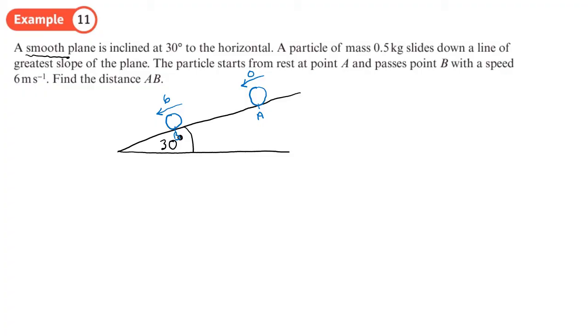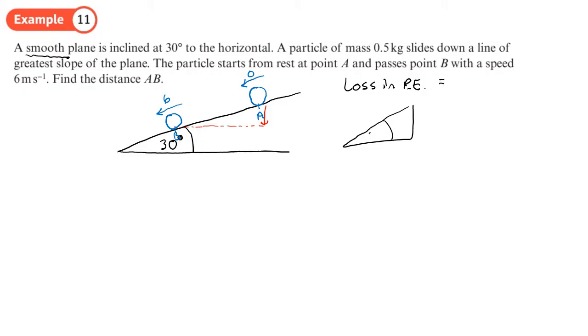Right, now let's start by working out the loss in potential energy. The loss in potential energy is how far it's dropped from where it started to where it finishes. So that's going to be that red arrow there, and using trigonometry, let's draw a little triangle here so you can see.